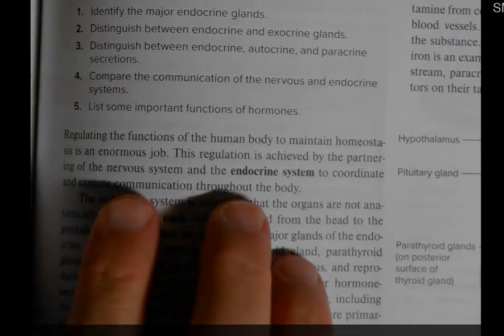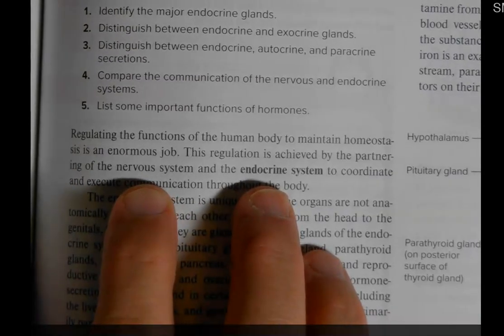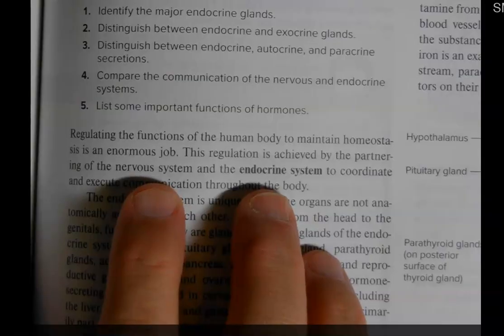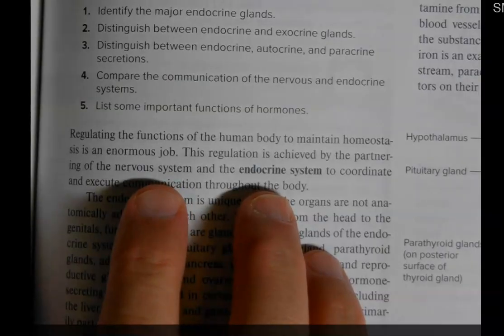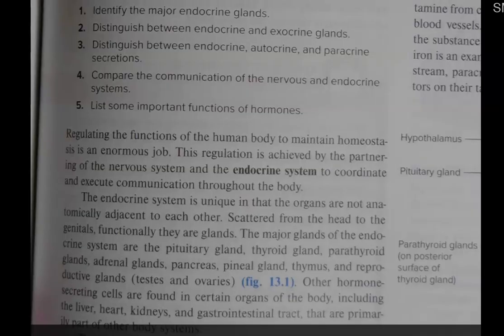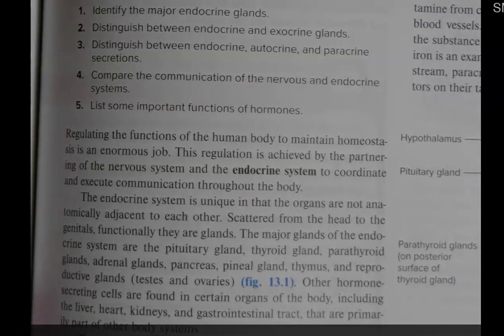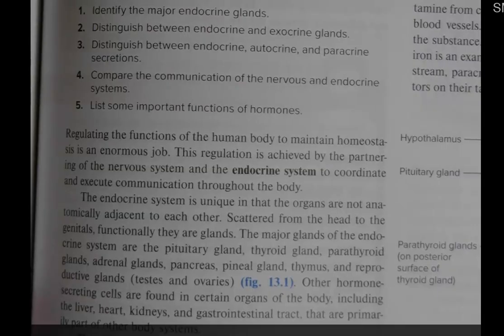Is that one part of the body can communicate with another part by a couple of different ways. One is the nervous system. So, for example, your brain communicates with your skeletal muscles by way of nerves, motor neurons, so that the brain can control muscle movements.